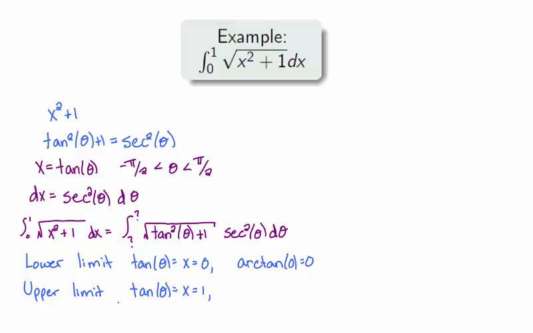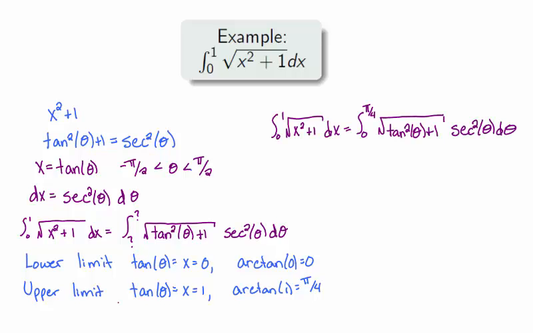So we compute the arctan of 0, which is 0, and arctan of 1, which equals pi over 4. Thus, the integral from 0 to 1 of the square root of x squared plus 1 dx equals the integral from 0 to pi over 4 of the square root of tan squared of theta plus 1 times secant squared of theta d theta. Now we just need to compute the definite integral on the right, and we are done.